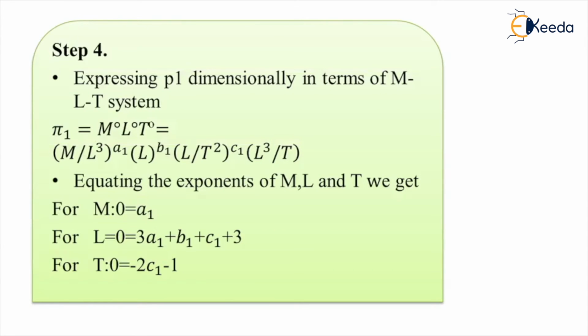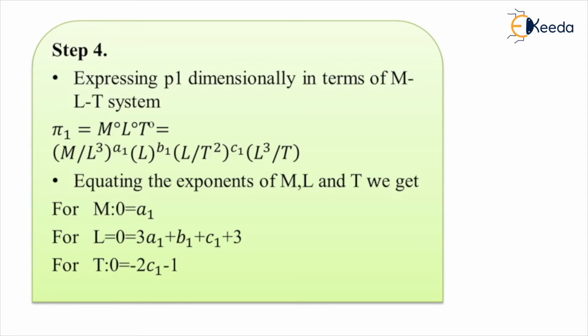In step 4, expressing pi 1 dimensionally in terms of the MLT system, pi 1 is equal to M raised to 0, L raised to 0, and T raised to 0, because it is a dimensionless quantity. This equals rho raised to a1, that is M upon L cube raised to a1, the diameter of the orifice with dimension L raised to b1, L upon T square raised to c1, and L cube upon T raised to d1.